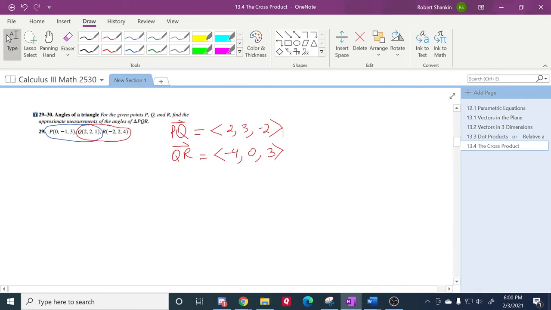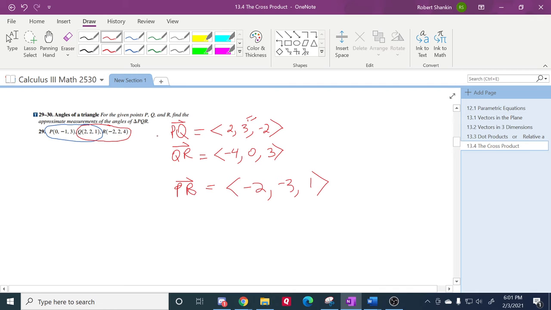After you do that and you have one of the angles, then we can look at PR. Negative 2, negative 3, 1.